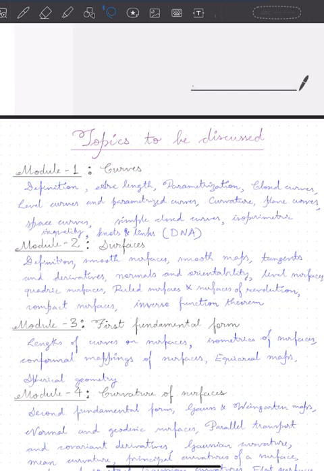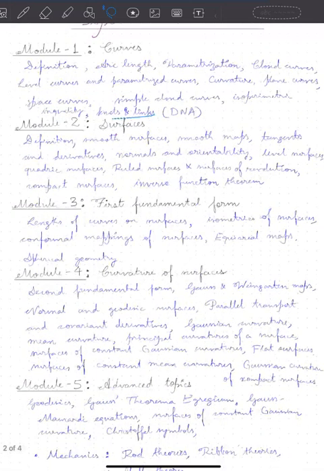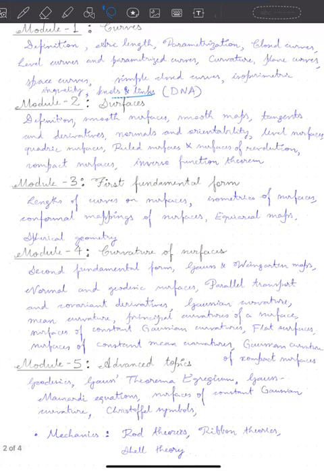We have talked about definition, arc length, parameterization, closed curves, level curves, parameterized curves, plane curves, space curves, simple closed curves, isoperimetric inequality, nodes and links. Since we have lots to cover, we will try to make the sessions more useful by focusing on some of the important concepts and just passing definitions without going further into proofs.